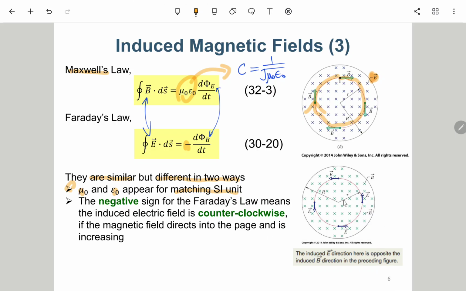But for Faraday's law, according to Lenz's law, if the B field is pointing into the page and increasing, the induced field should point the opposite way to counteract the change. So your thumb points out of the page and your fingers curl counterclockwise. This is the negative sign, causing opposite directions for the induced B field and the induced E field in the two cases.